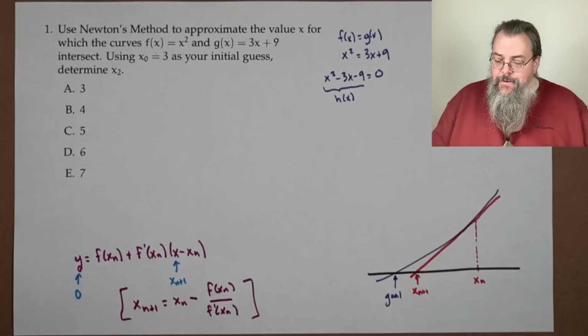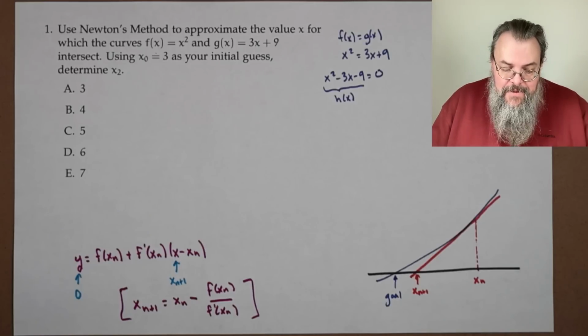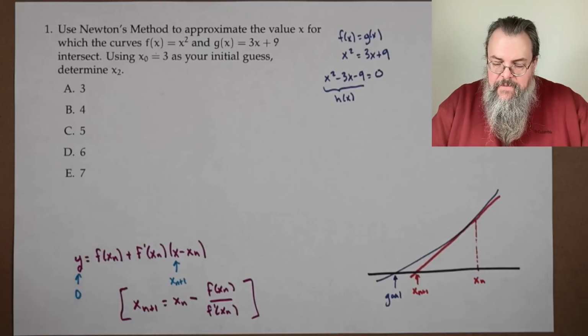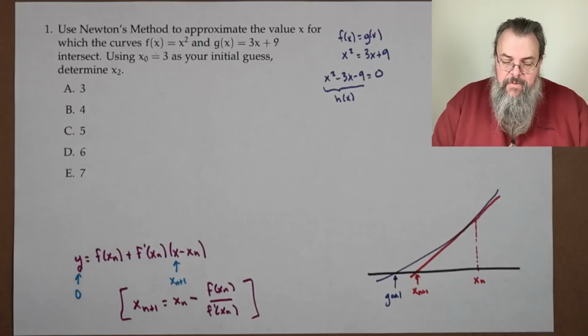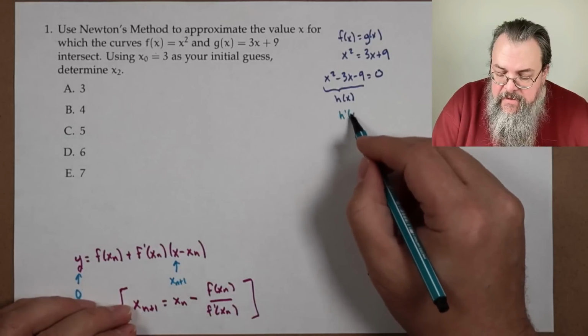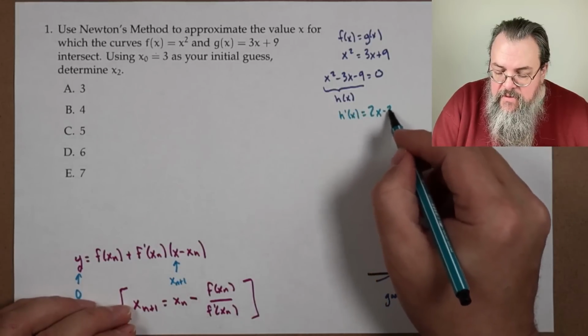Okay, now let's apply it to our specific case. We have our function h of x, that's x squared minus 3x minus 9. And we can also note that h prime of x is 2x minus 3.